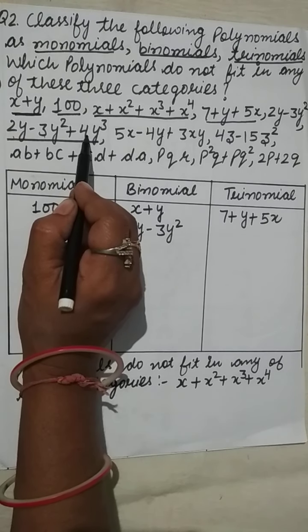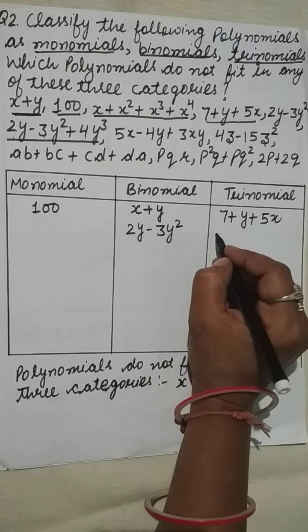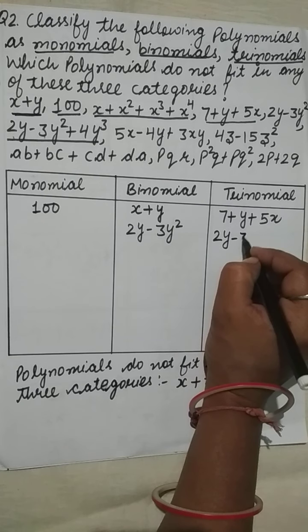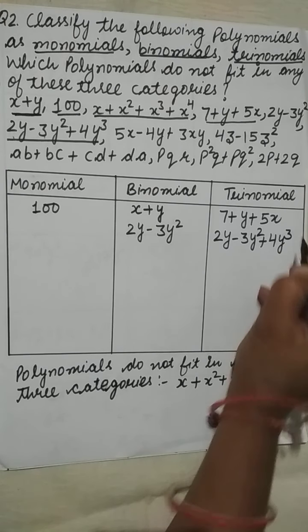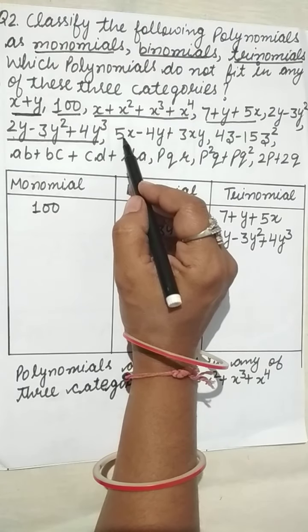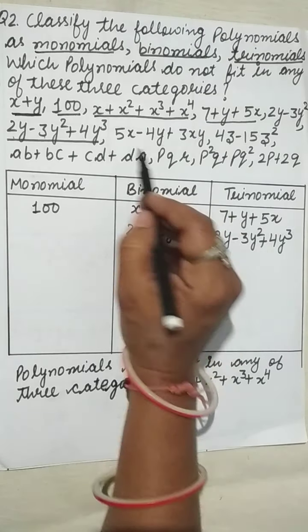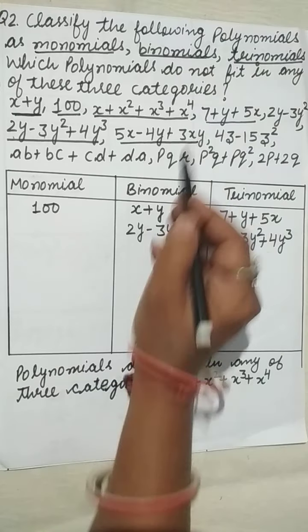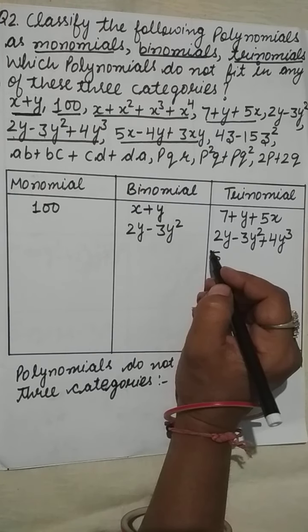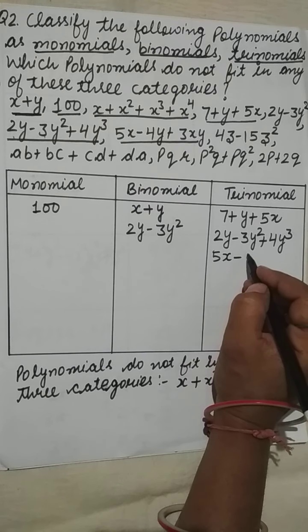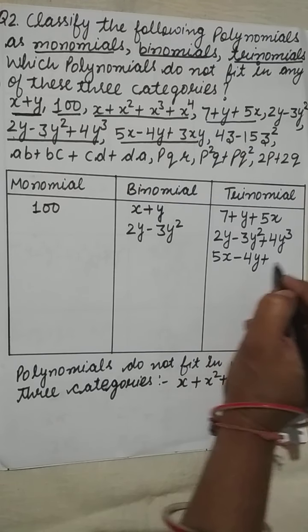This is having three terms, so it is a trinomial. Next one is 5x minus 4y plus 3xy. It is also having three terms, so this is again a trinomial.